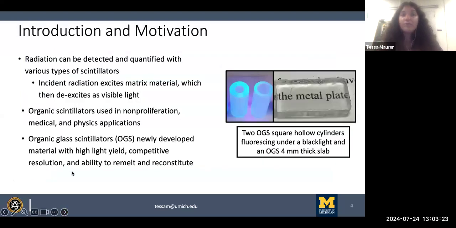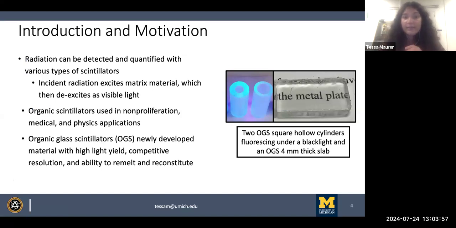For the introduction and motivation, as we know, radiation can be detected and quantified with various types of scintillators. I won't repeat too much from yesterday's lecture, but essentially incident radiation excites the matrix material, and then through a variety of processes it de-excites as visible light. There's a picture here showing some OGS square hollow cylinders that we cast under a black light, showing this process of emitting and fluorescing.